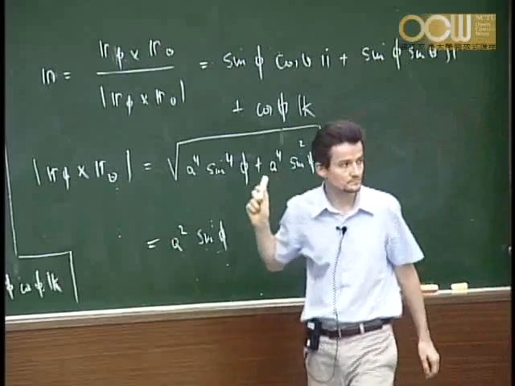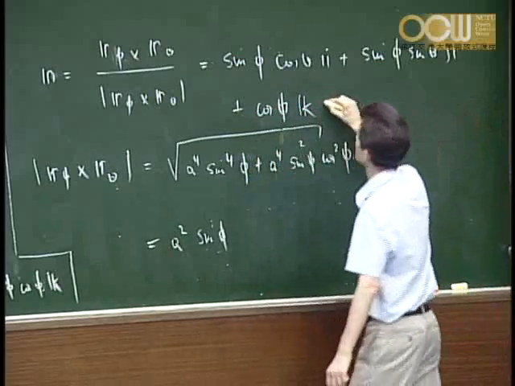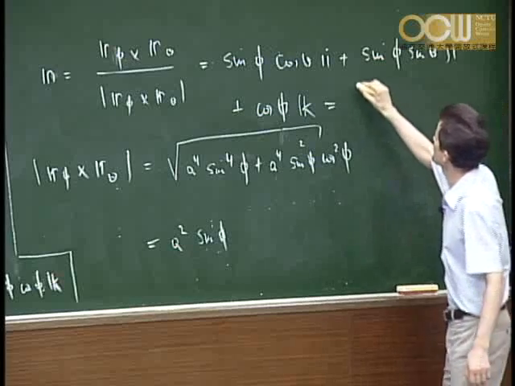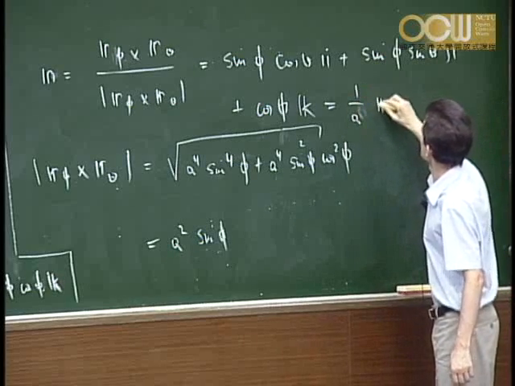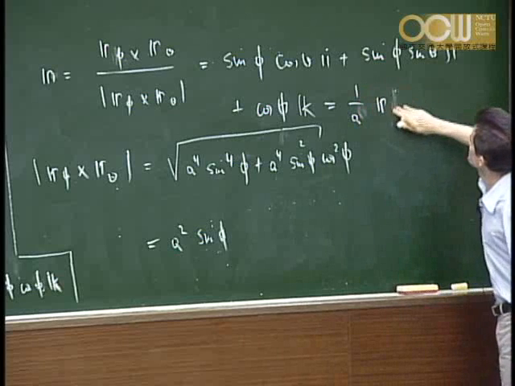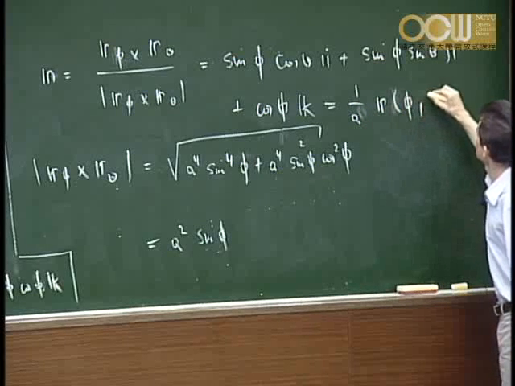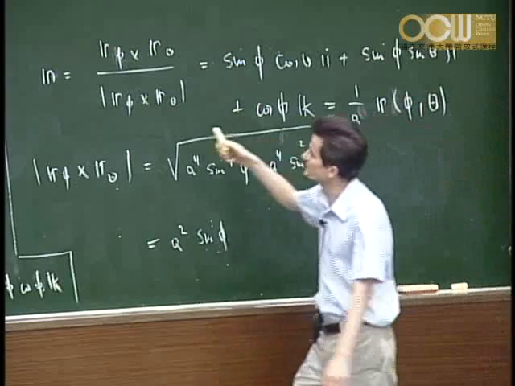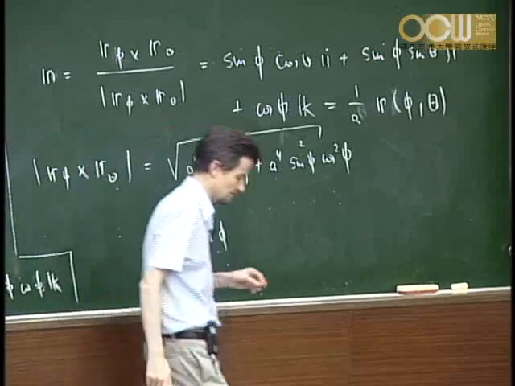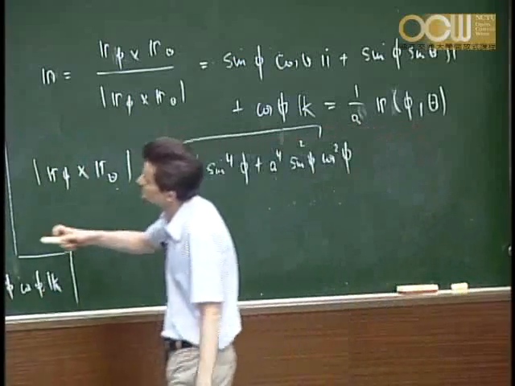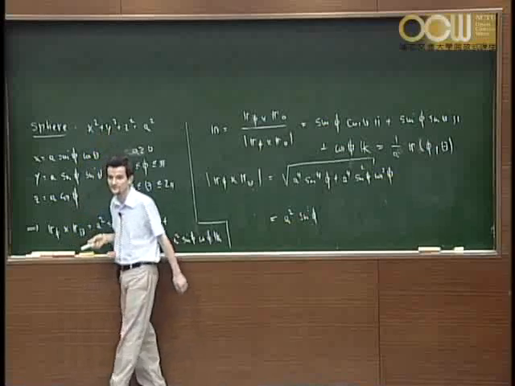And you see that actually this is 1 over a times the original vector. So you see that the unit normal vector here points in the same direction as the vector which describes this sphere.